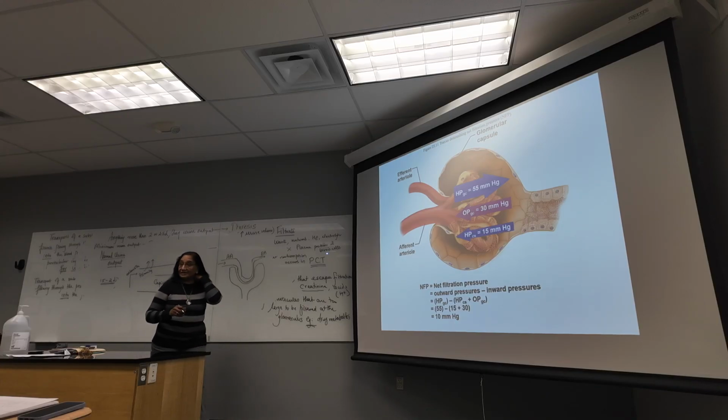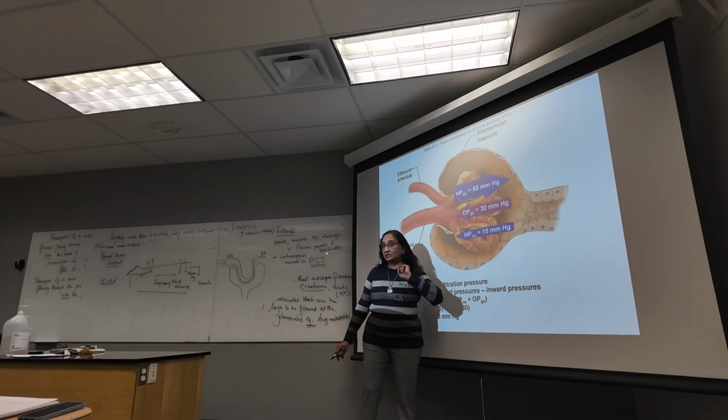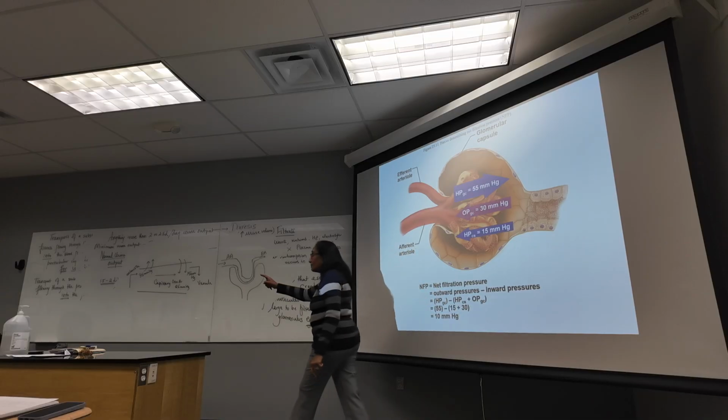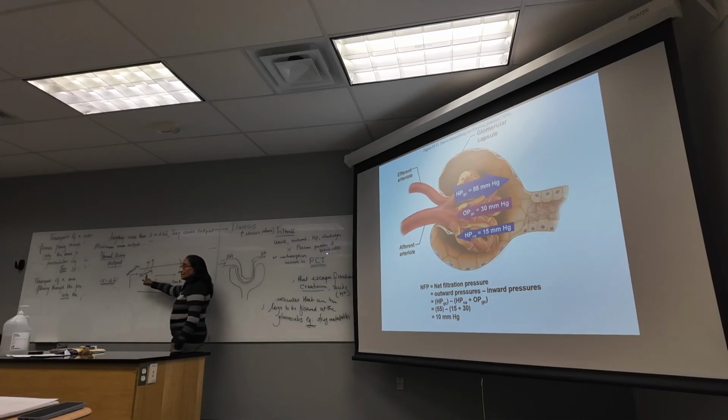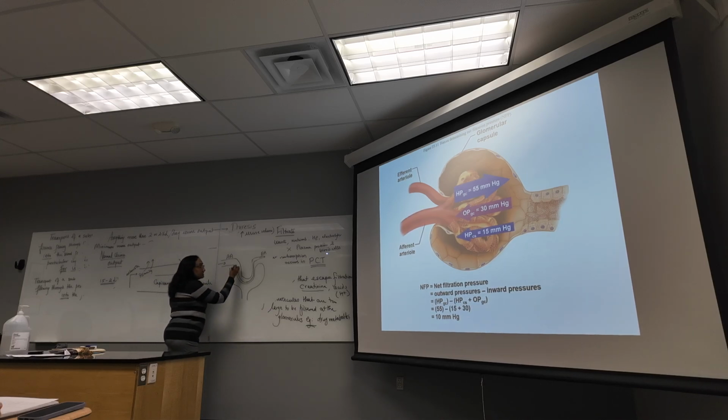So in the kidney, when blood enters the afferent arteriole, the hydrostatic pressure, that is the blood pressure, is not 35 because it is entering into this glomerulus. The blood pressure is 60 millimeters of mercury.